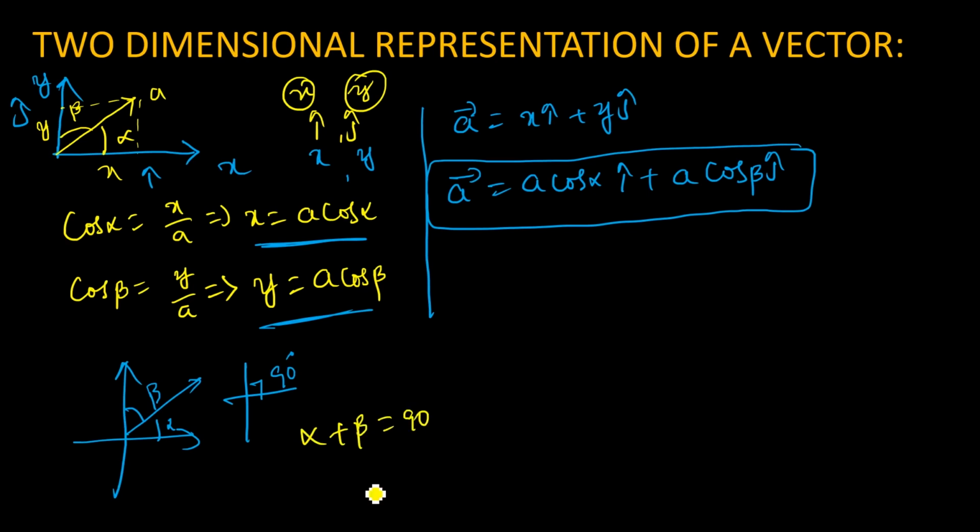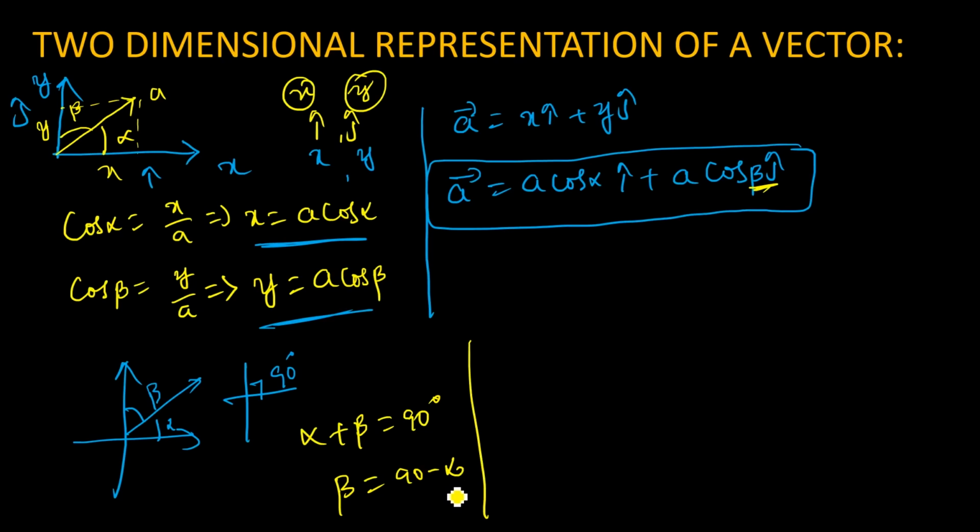Now beta equal to 90 minus alpha. Instead of beta, you substitute 90 minus alpha.